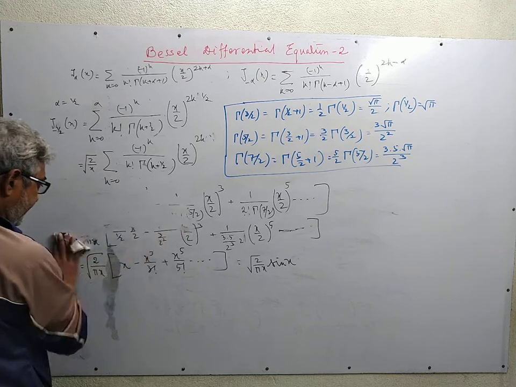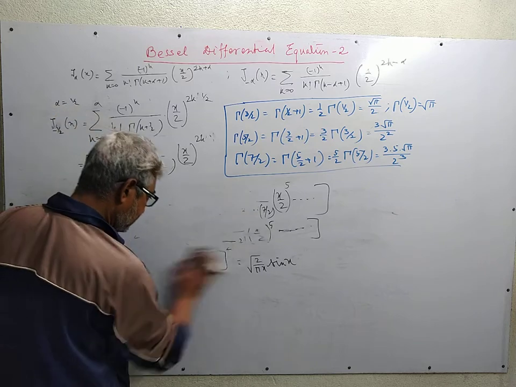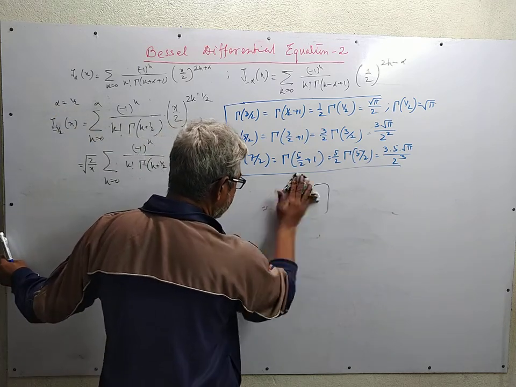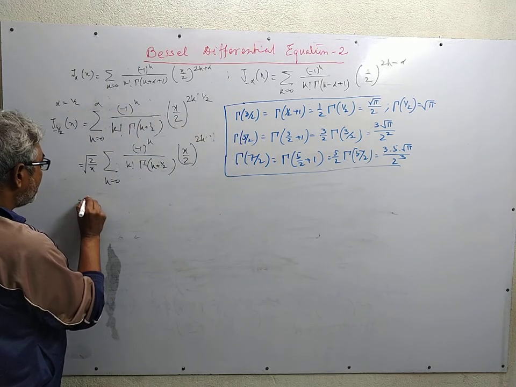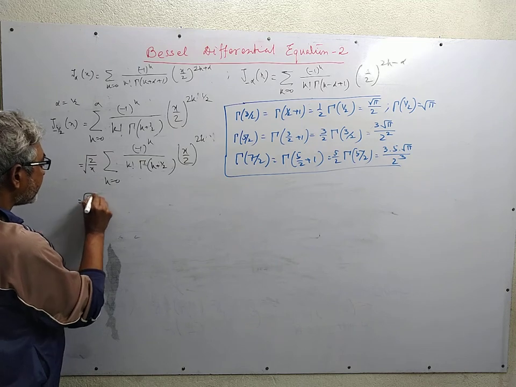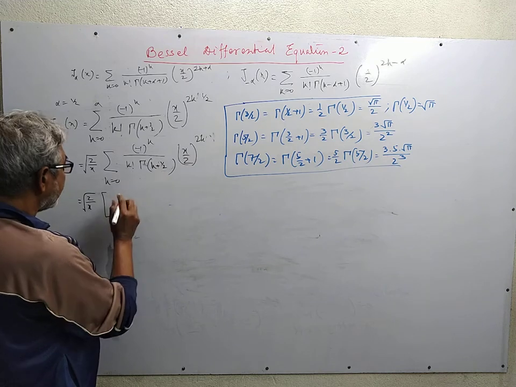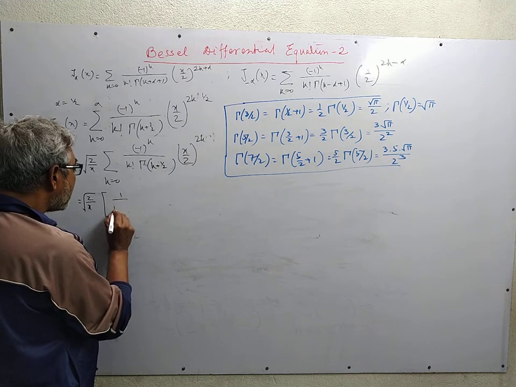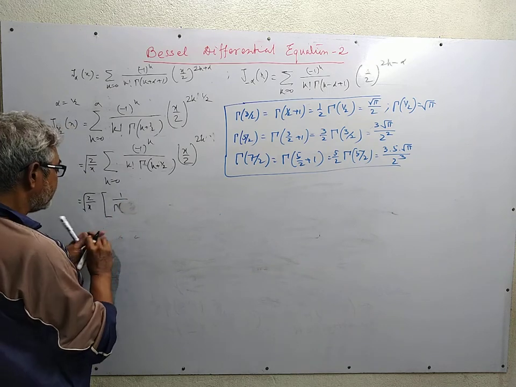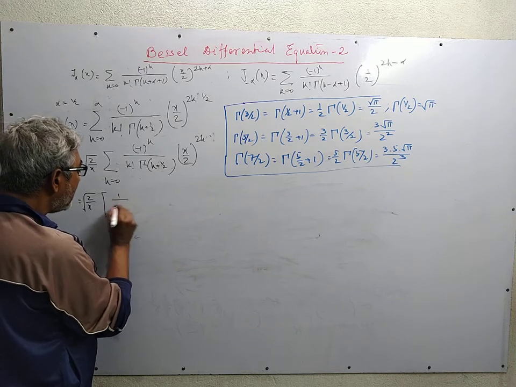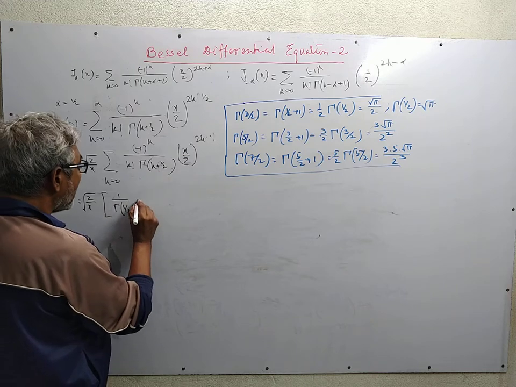Now we write the series expansion for j of minus half. So we have 2 by x under root, and then first term plus, so this is 0 factorial and half factorial, so 1 upon gamma half, sorry, first term is gamma half, k is equal to 0, and this is 1.